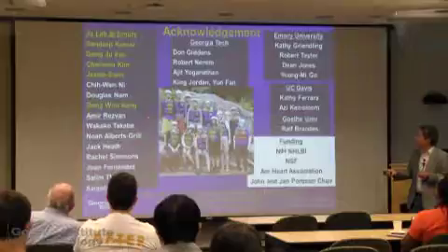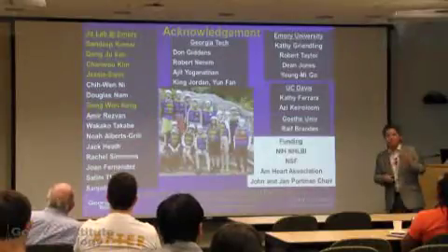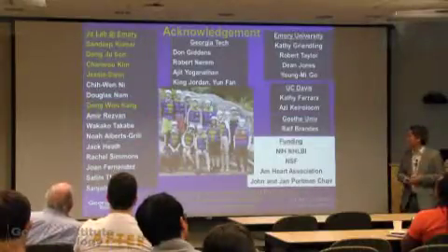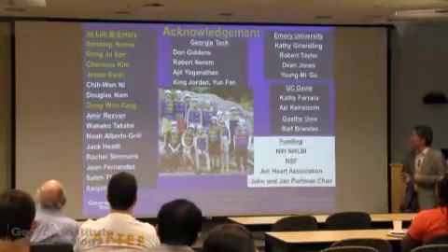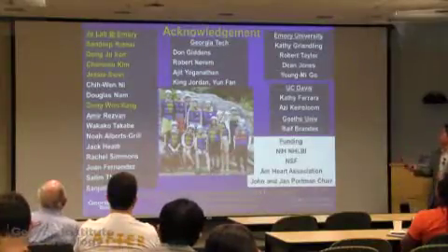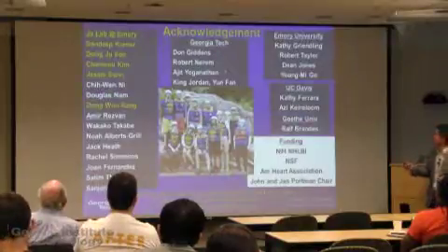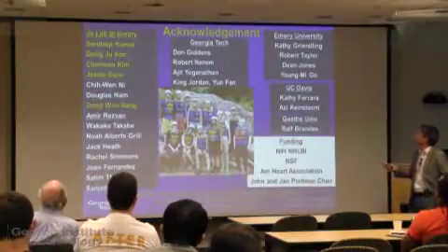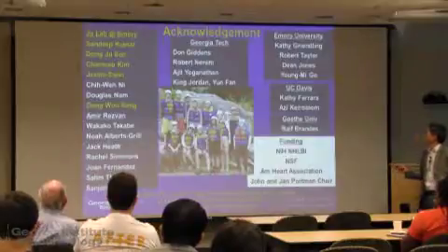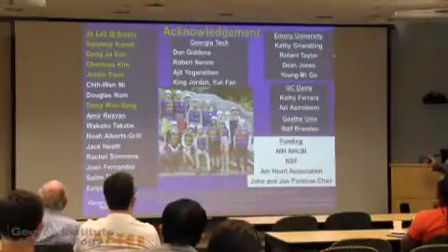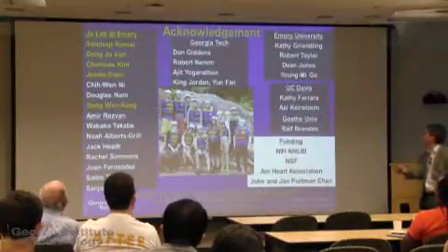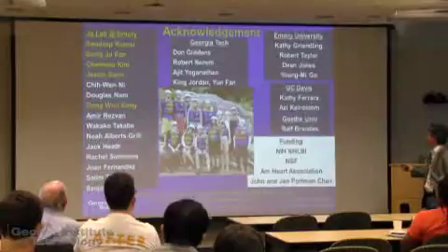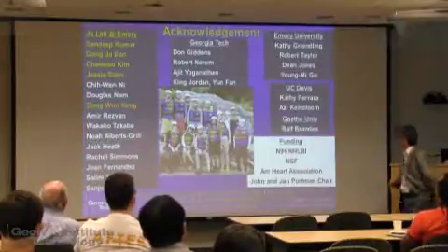And my lab manager, Dongwon Kang, and Amir Rezban, who is now assistant professor at Emory Cardiology, have really contributed a lot to this study. My colleagues at Georgia Tech in this department, Don Giddens, Bob Nerem, Ajit Yoganathan, King Jordan, and Yun Fan really helped a lot. And Kathy Grindling, Bob Taylor, Dean Jones, and Youngmi Go at Emory are my important colleagues, as well as colleagues at UC Davis and Goethe University, Ralph Brandes.